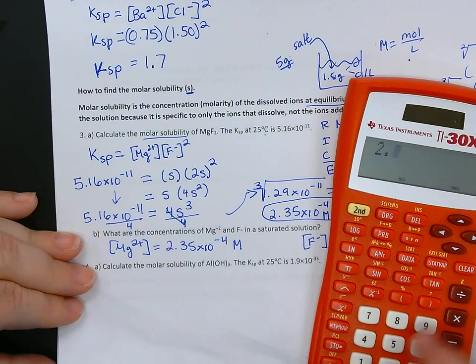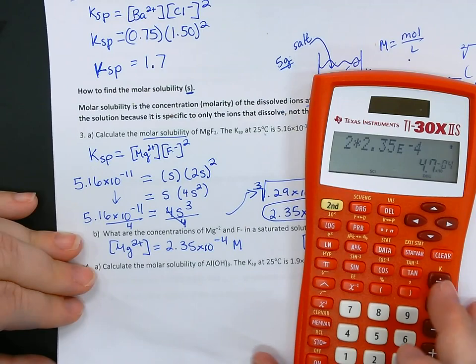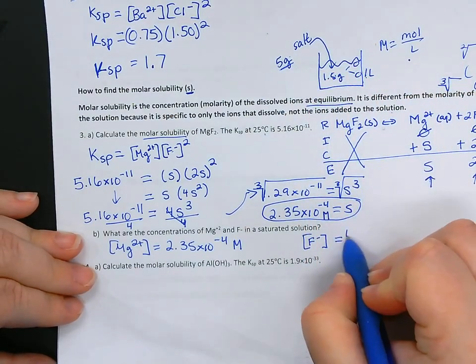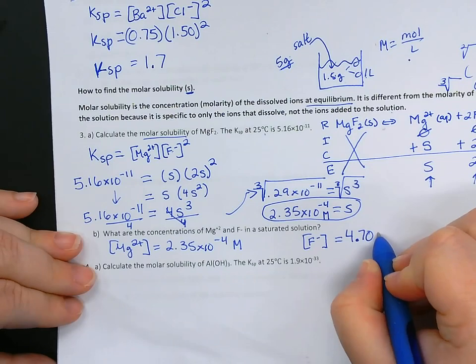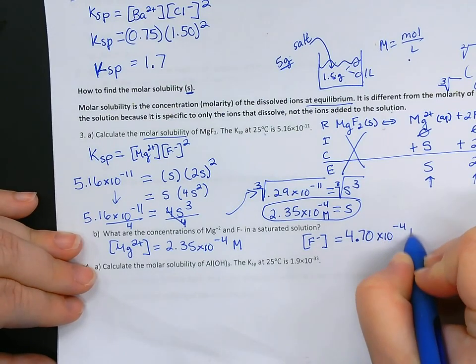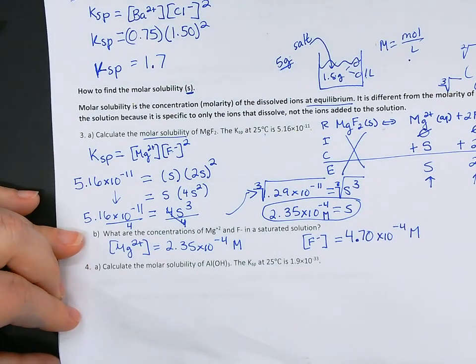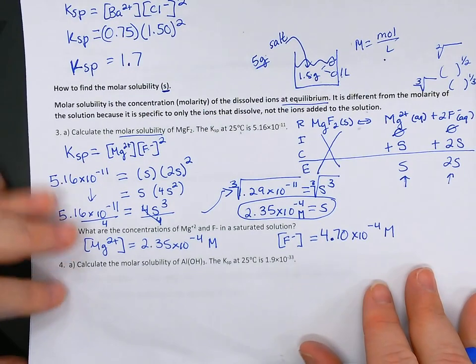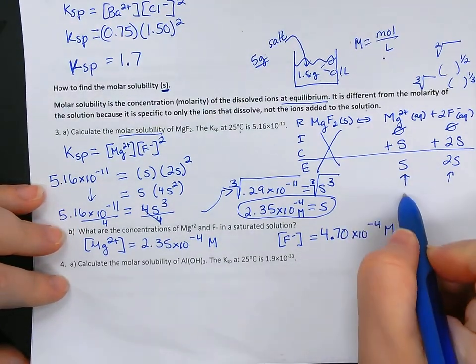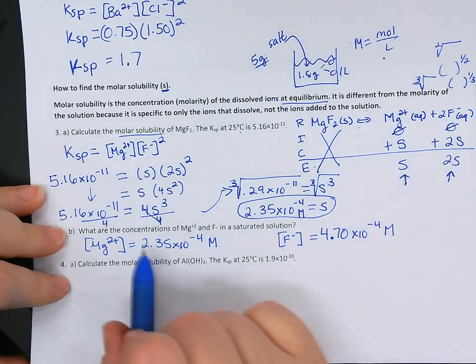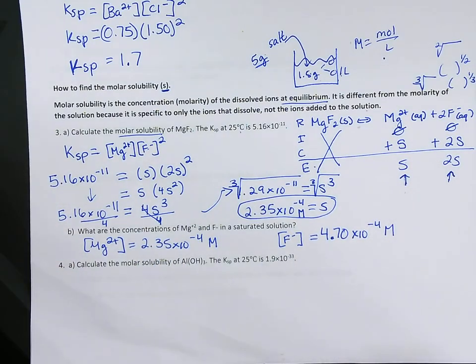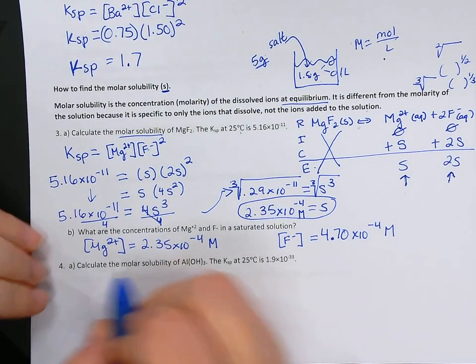So 2 times 2.35 times 10 to the negative 4th. I get 4.7 times 10 to the negative 4th. And I'm going to keep those sig figs, so 4.70 times 10 to the negative 4th. So I'm just plugging back into here, figuring out, okay, I know at equilibrium they're S and 2S, and I'm just multiplying that out.